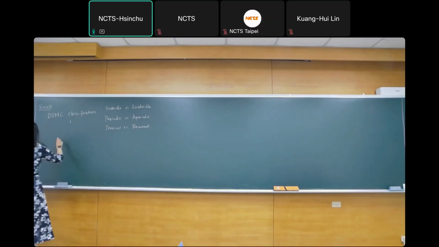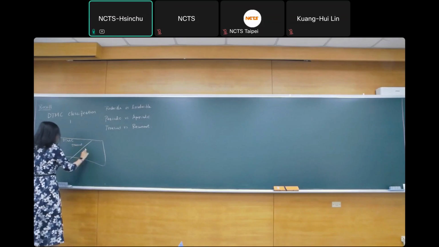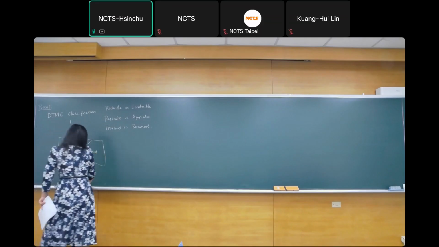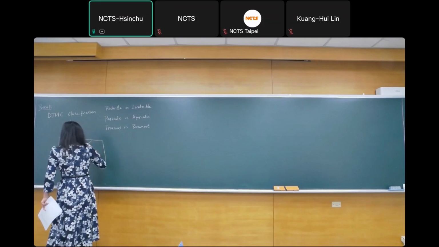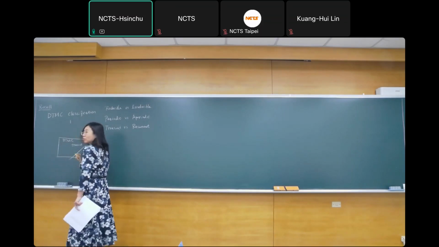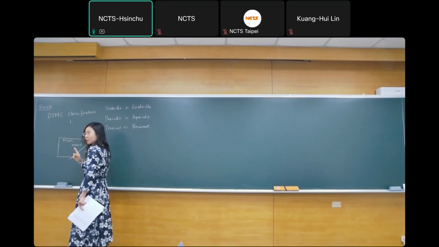Among all the DTMCs, here is transient, here is recurrent. Within the recurrent, if not only are you able to return to where you start in finite time with probability 1, but also the mean of the average return time is finite.